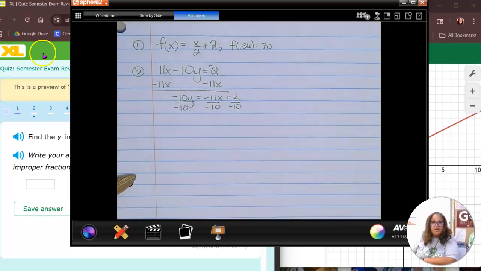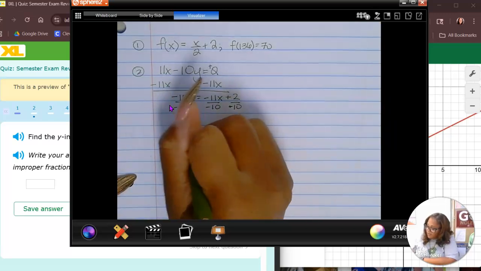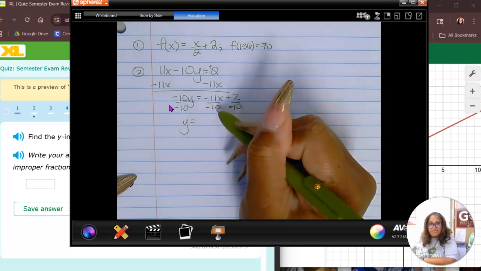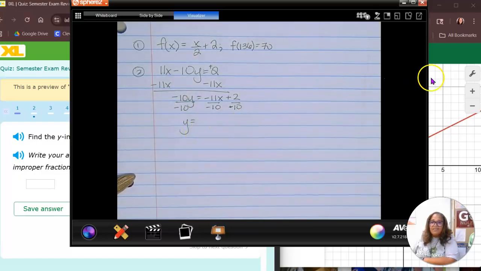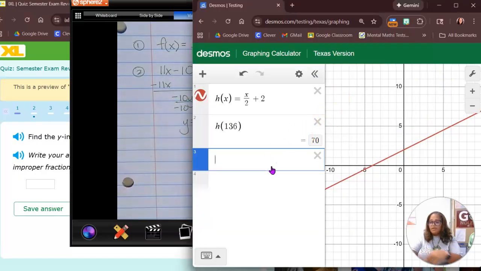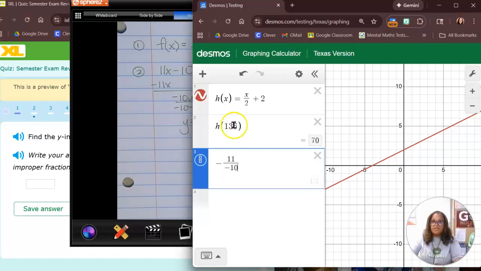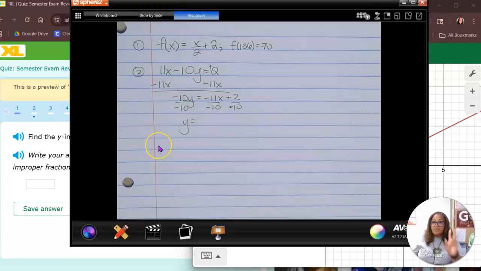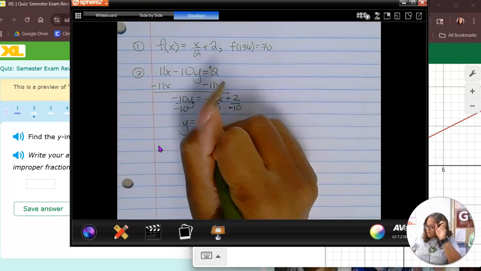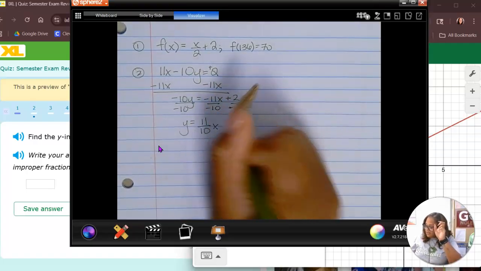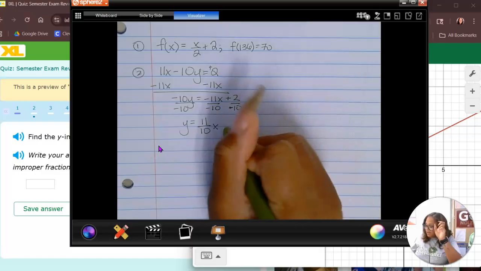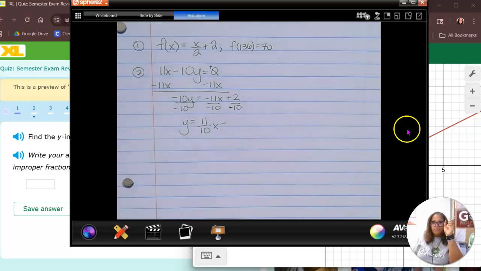If you're unsure of the fractions, type them into Desmos. This is y equals, a fraction that I would type into Desmos, minus the x. So I would do negative 11 divided by negative 10, and then turn it back to a fraction. It's just 11 tenths. This is simplifying it as well. 11 tenths x, and this is a positive divided by a negative, so I know it's going to be negative.